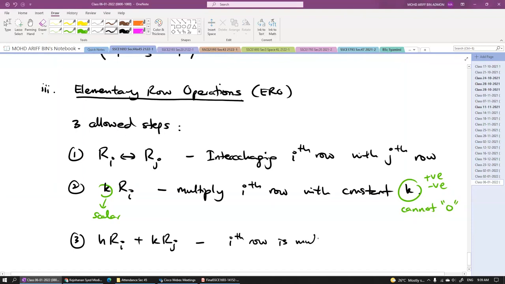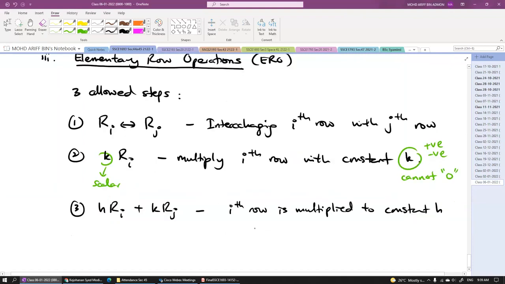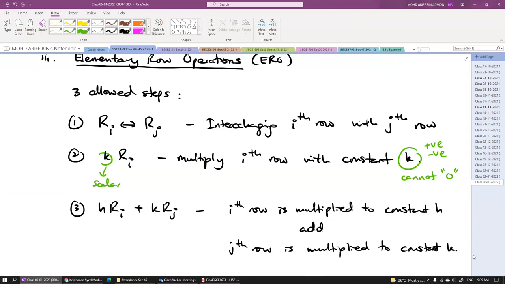Constants H and K mean that your row I is multiplied by constant H, and row J is multiplied by constant K. Why am I using just plus?